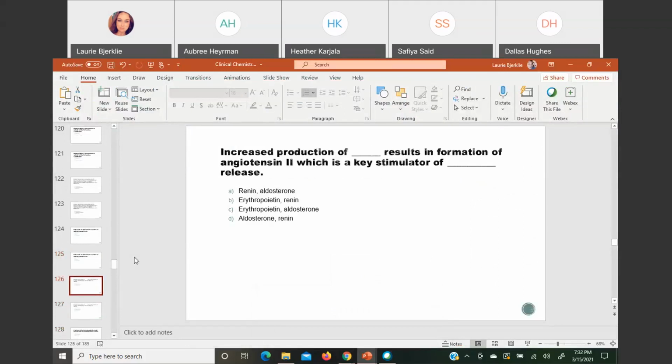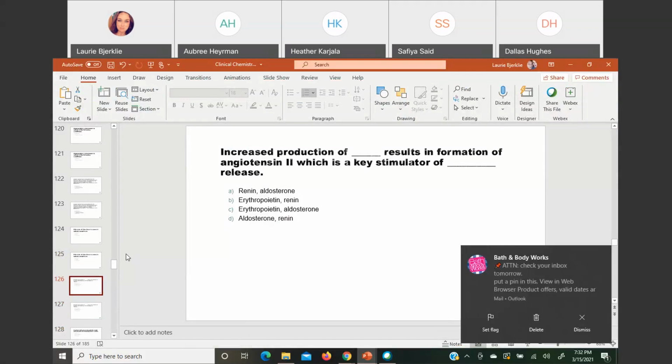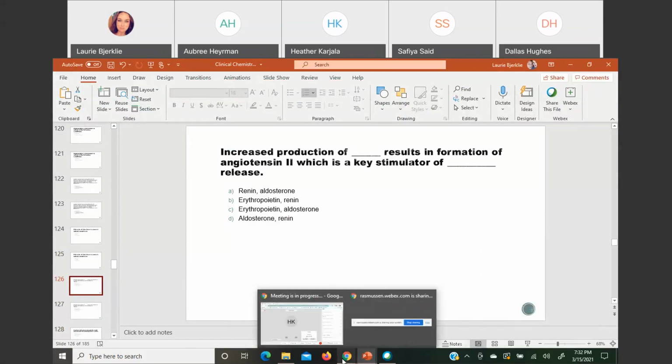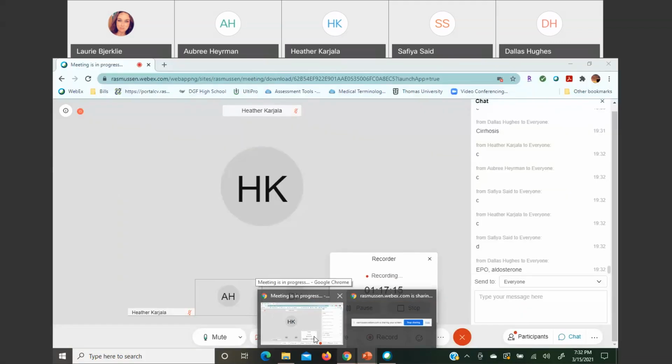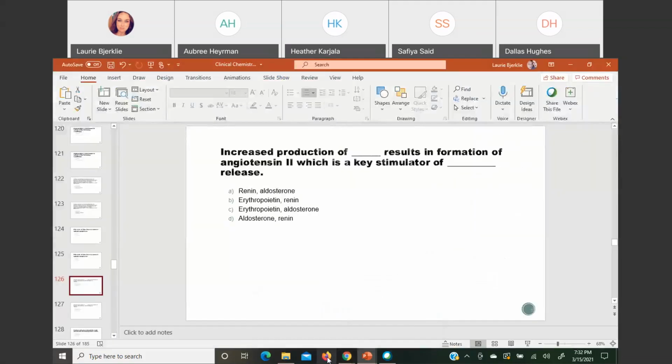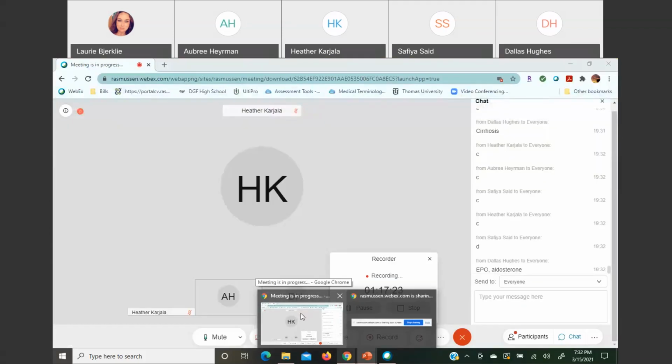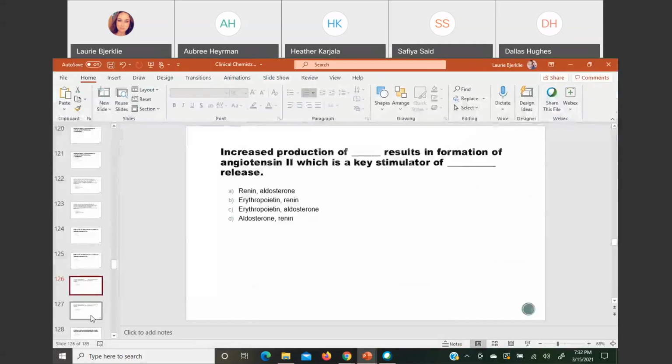Increased production of blank will result in the formation of angiotensin 2, which is a stimulator of blank release. All right.